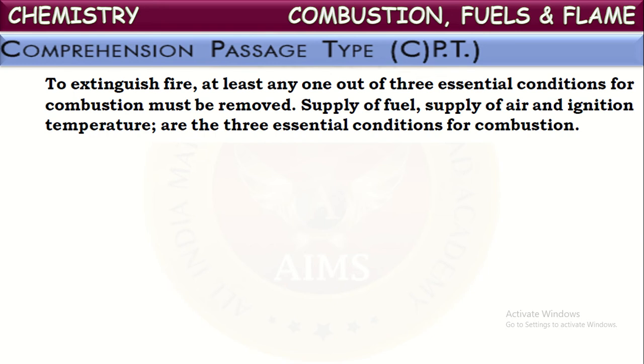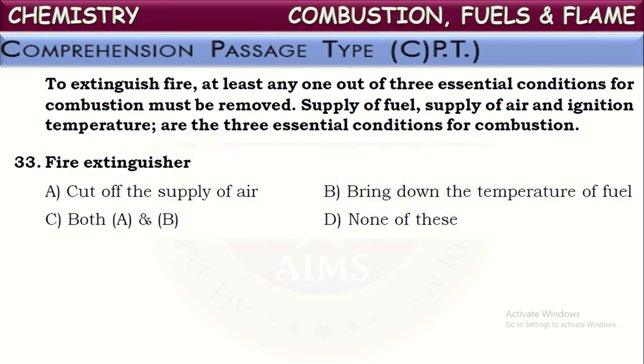What are those three essential conditions for burning of fuel? Supply of fuel, supply of air and ignition temperature. These three are the essential conditions for the combustion. So if any one of these is removed, then fire can be extinguished. Now let us see questions on this.